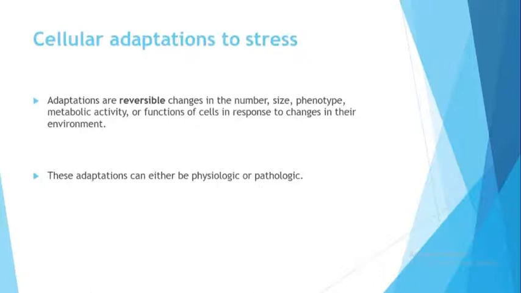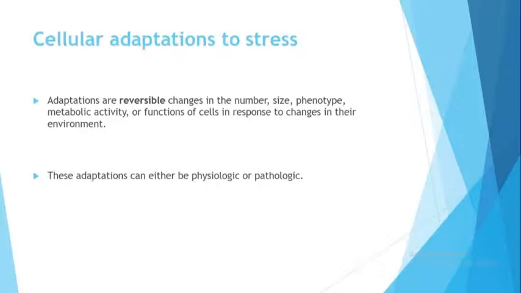And these adaptations can either be physiologic adaptations or they can be pathologic adaptations. Physiologic adaptations usually represent responses of cells to normal stimulation by either hormones or by endogenous chemical mediators. An example of that is the enlargement of the breast and uterus during pregnancy.